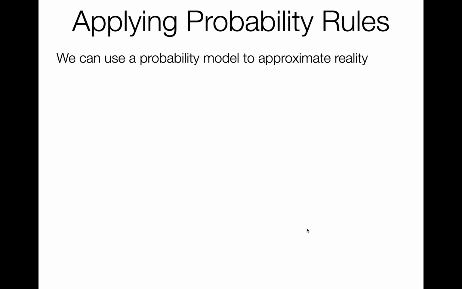What I mean is I can come up with a mathematical equation that describes the probability of different events happening for a coin flip, or for a dice roll, or for anything random. I can use an equation where I plug in some numbers and then it gives me a probability of something happening.